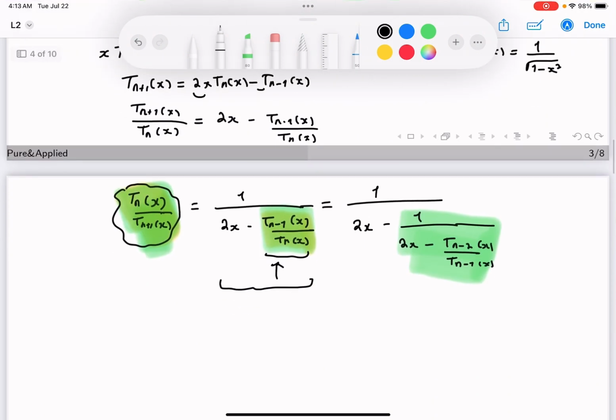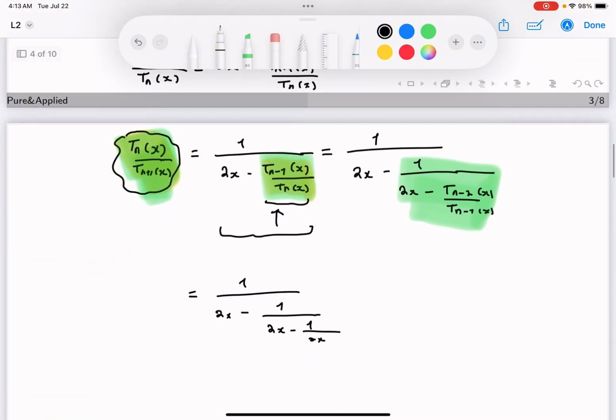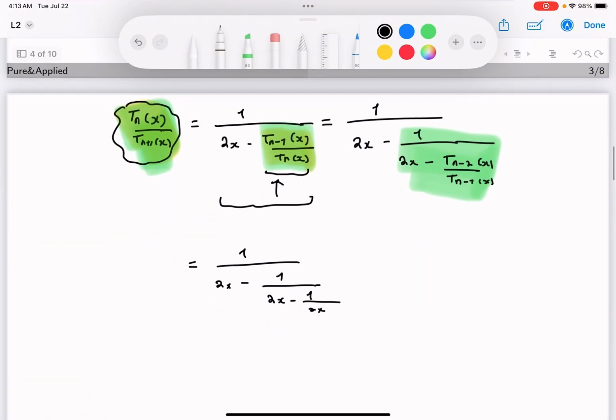And we can iterate this process, and what we get is that this ratio is going to be just 1 over 2x minus 1 over 2x, and we're going to have a sort of ladder going all the way. It's going to stop. So let me write it in this way: dot dot dot minus 1 over 2x.